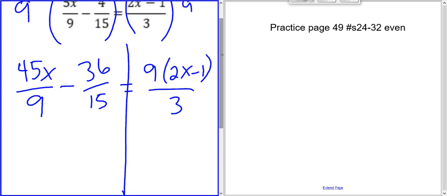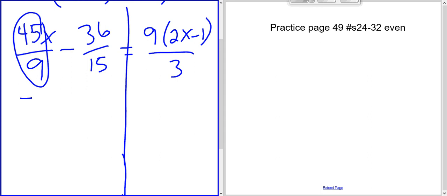All right, so we can simplify this a lot. 45 divided by 9 is 5, so this is 5x. 36 divided by 15 doesn't simplify, but it reduces since both of these are divisible by 3.